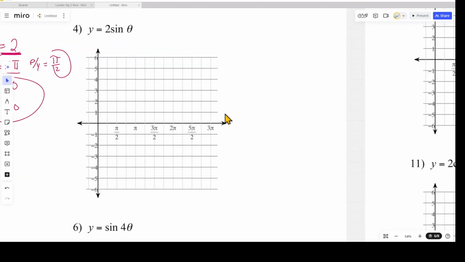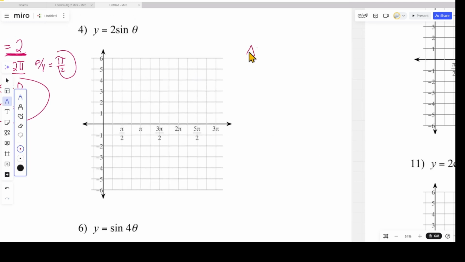All right, more. Sine, so it starts middle, high, middle, low.